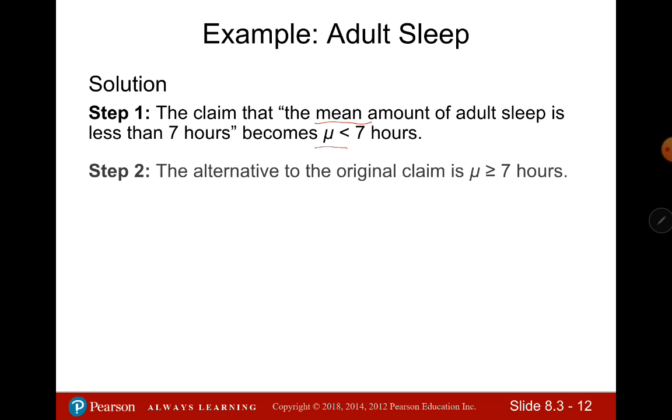Next step, we will try to figure out whether this symbolic form is our null hypothesis or our alternative. It must be one of them. Okay, so the most important part is the sign in the middle of our expression, right? So here we have a less than sign. It's not an equal sign. So it must be our alternative hypothesis.